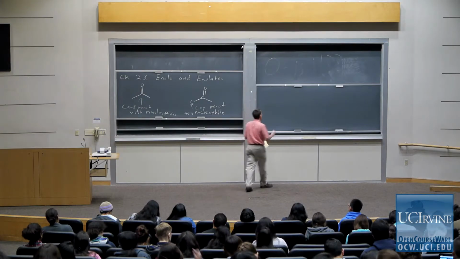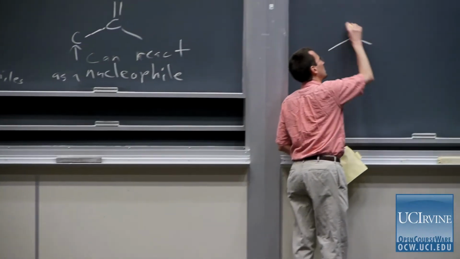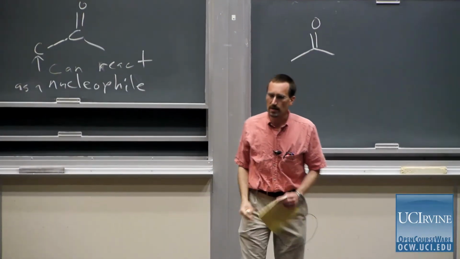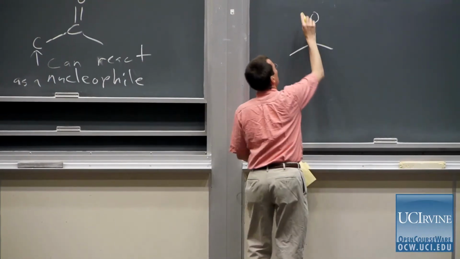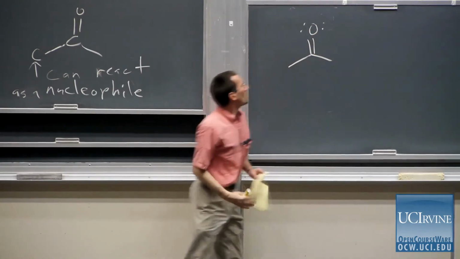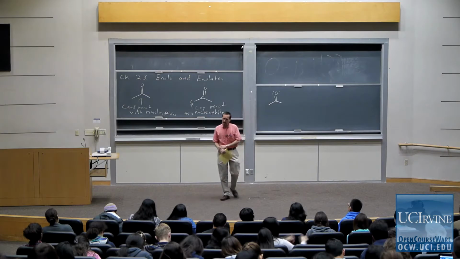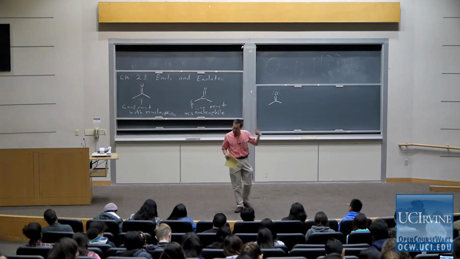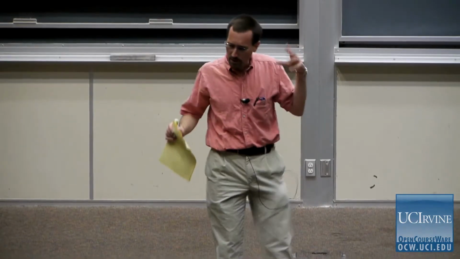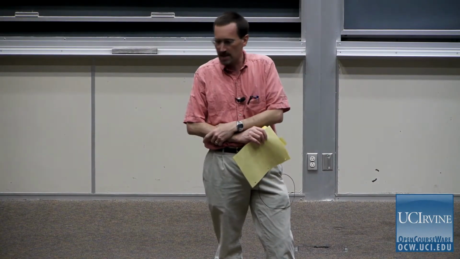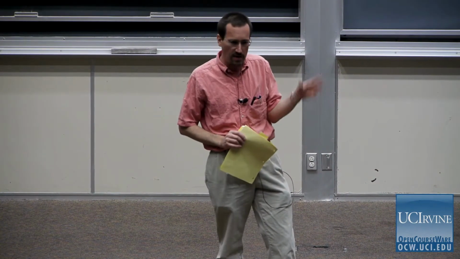Okay, so we talked before about various aspects of carbonyl compound structure, and we talked about the reactivity of a carbonyl compound. We talked a little bit about, in water, equilibrium with a hydrate species, and we said that, for example, in acetone, there's very little of the hydrate.